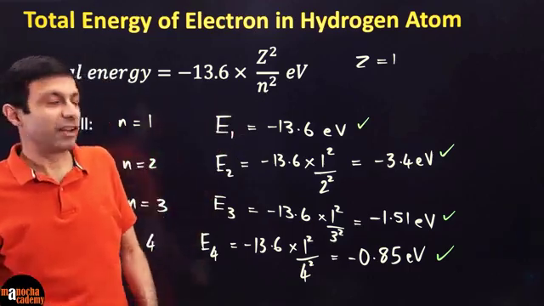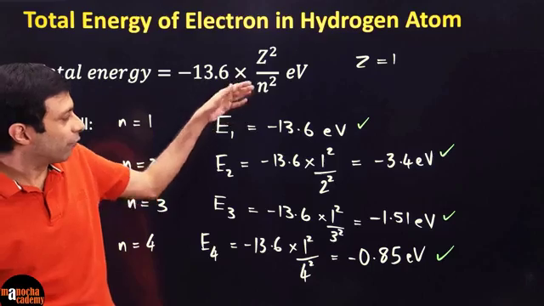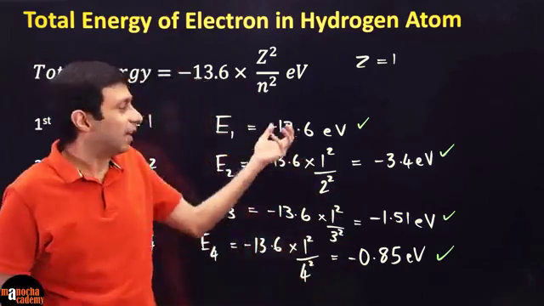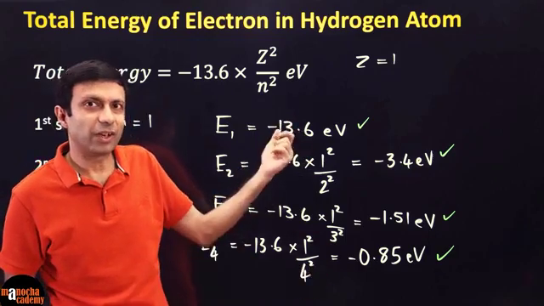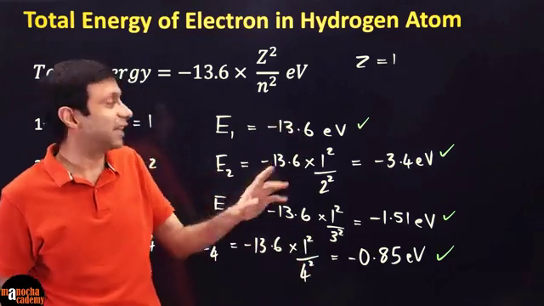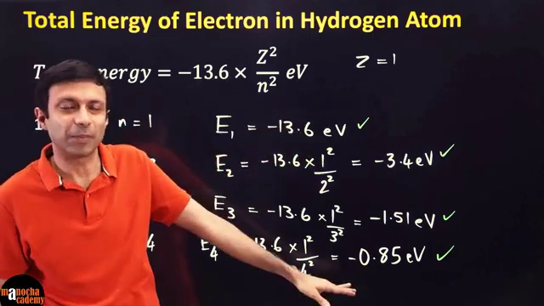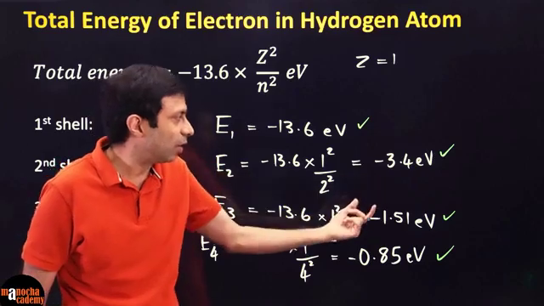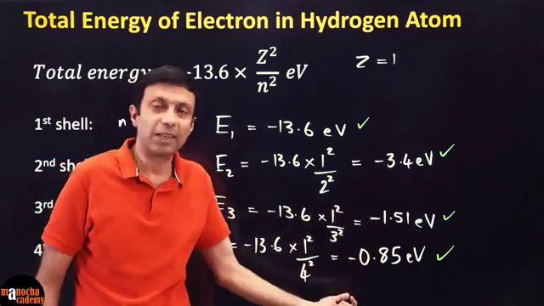Now, as you can see, when we are going from first shell to second shell, third shell and fourth shell, can you see that the energy of the electron, is it increasing or decreasing? The answer is it is increasing because the negative value is becoming smaller. See, in the first shell, it's minus 13.6, then minus 3.4, then minus 1.51, then minus 0.85.